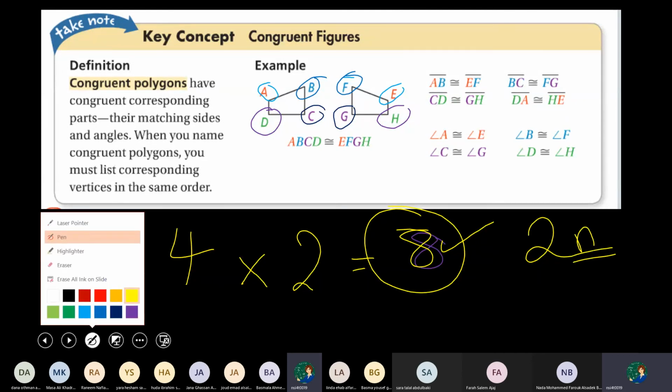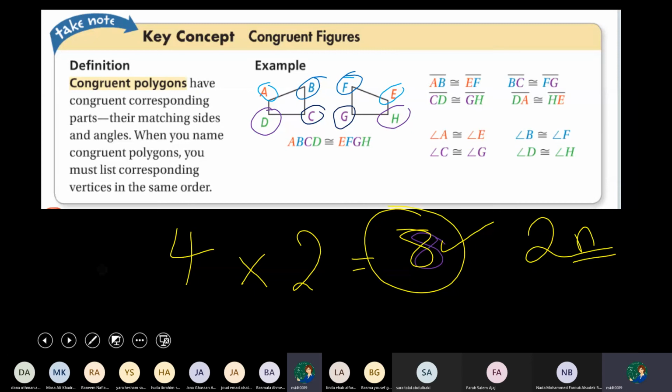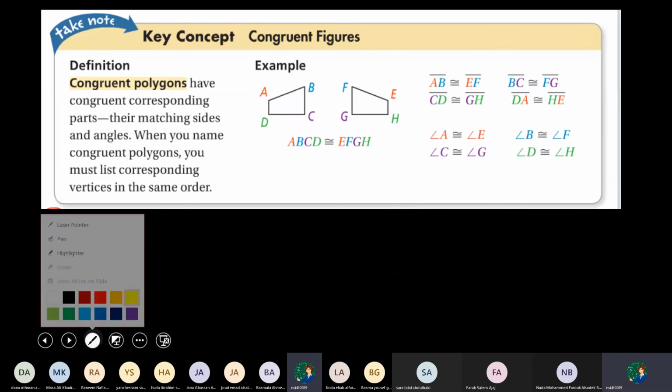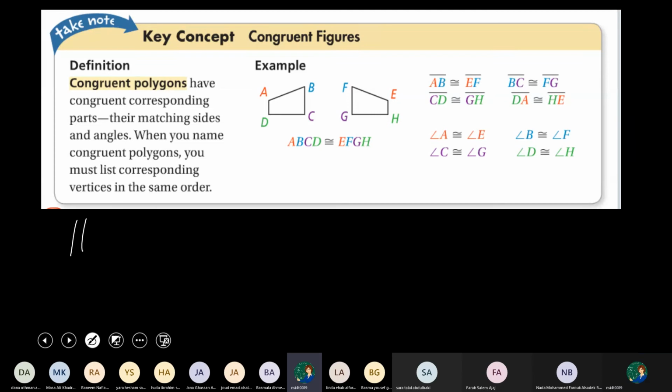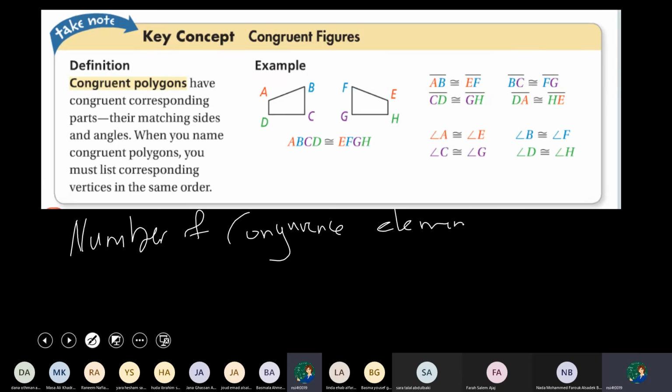So I will say that the number of the congruence elements is 2 times n, where n is the number of the sides.